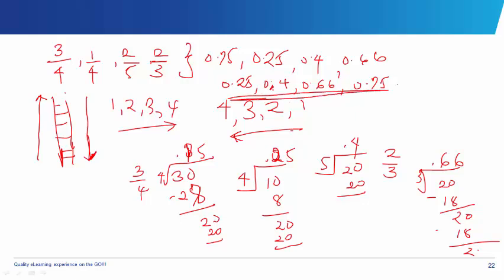But now, after arranging it this way, you still have to bring back the fraction format. So 0.25 is 1/4, 0.4 is 2/5, 0.66 is 2/3, and 0.75 is 3/4. So this is our final answer.